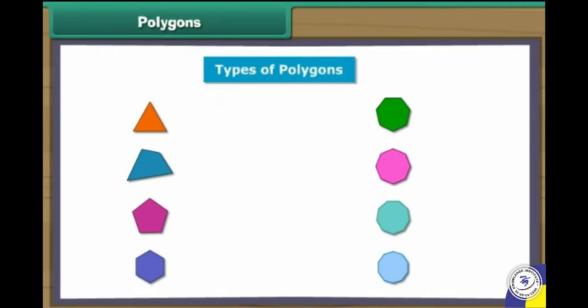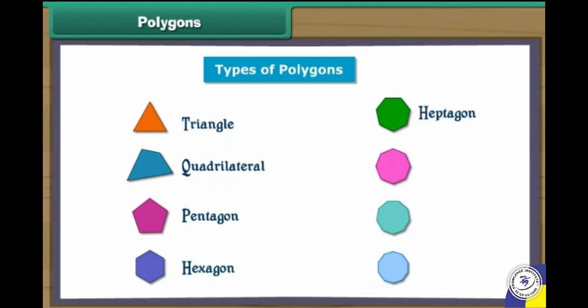Here we look at the following types of polygons: triangle, quadrilateral, pentagon, hexagon, heptagon, octagon, nonagon, and decagon. Now we will learn more about each polygon one by one in detail.